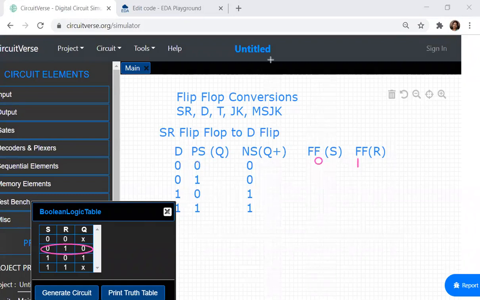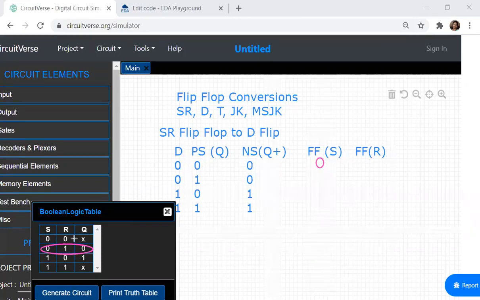Now, what is happening over here? If you can see properly, the previous state is 0, the next state is 0. So, what does that mean? That clearly indicates a no change condition.